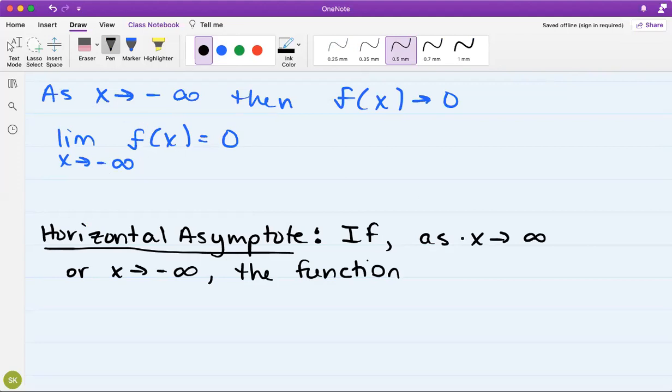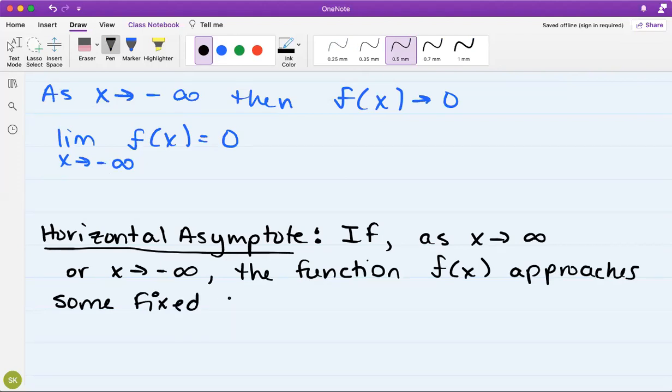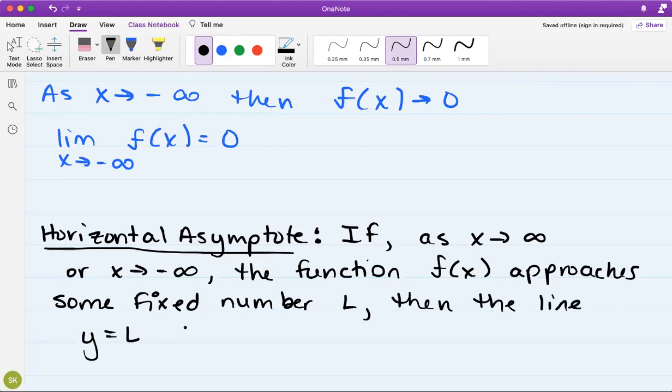Here we're defining as f of x. The function f of x approaches some fixed number L, then the line y is equal to L is a horizontal asymptote. So I'm going to say it's called a horizontal asymptote.